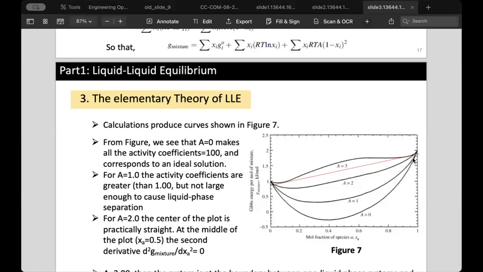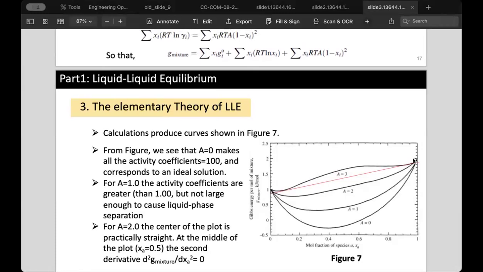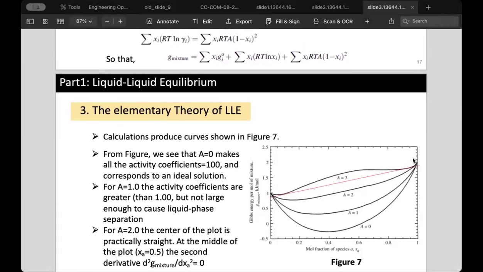Even if A is 1, we have only one stable phase; we never have two phases. A is 2 also, but once A is larger than 2, A equals 3, we can have two stable phases. That means we can form liquid equilibrium.